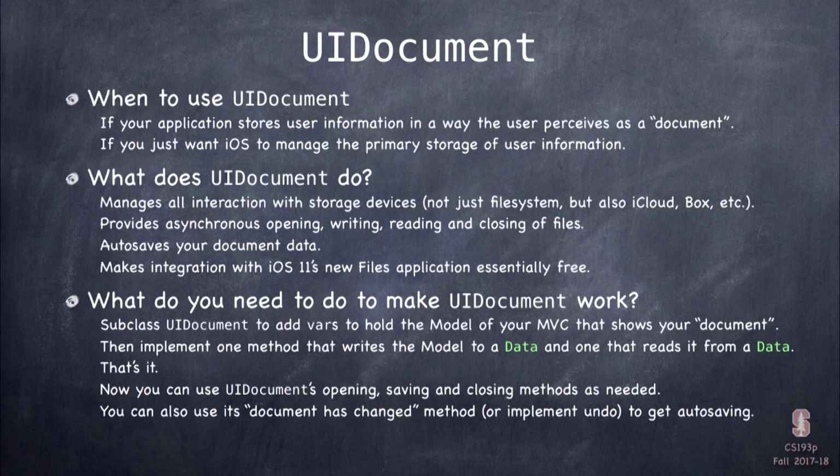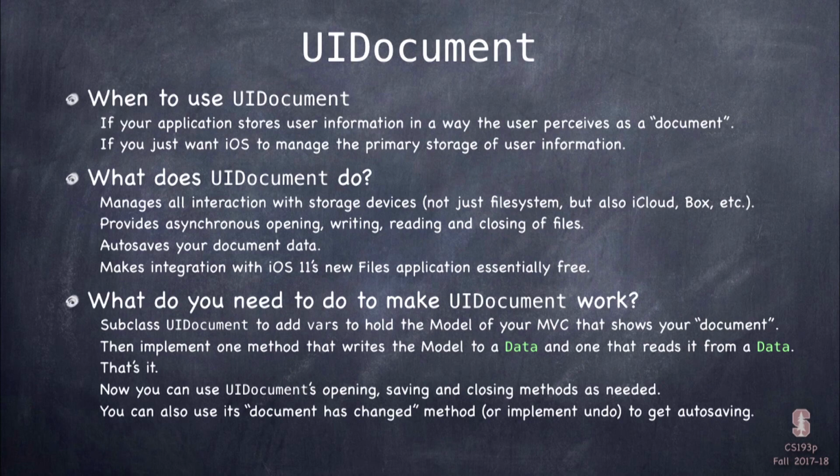So all you need to do to turn your app into working with UIDocument is to be able to convert that model to a Data and convert from a Data back to the model. Earlier in this lecture, didn't I just show you exactly how to do that with the archiver? Really easy. You could use JSON format as the file format of your document and just use the archiving to turn your model back and forth between the Data.